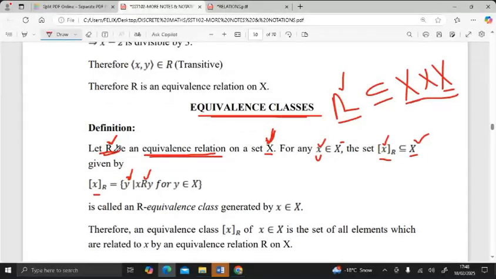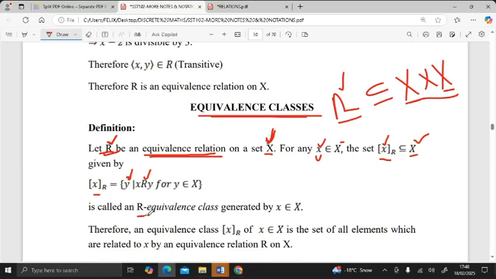Let's be careful there. We don't say that it's Y related to X, because then we would be starting with Y. No, we're saying in this case that an equivalence class, what is binding here is that relation.